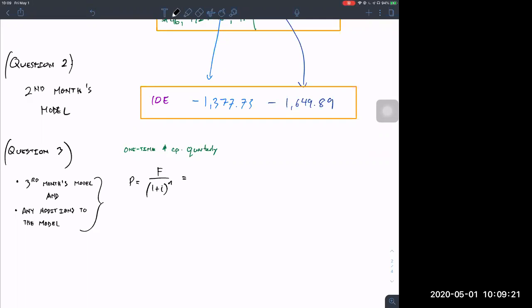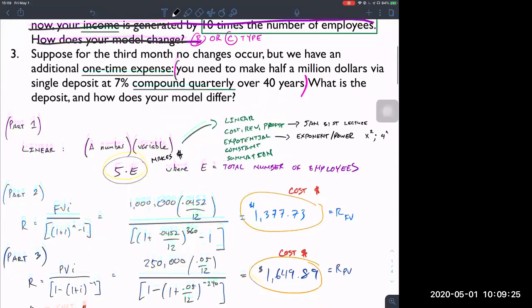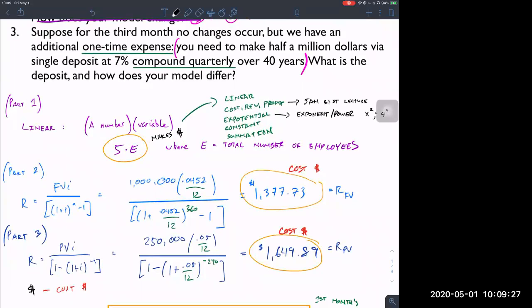Oh, I see. I changed the problem last time. Compound quarterly, so that should be... Oh, I think I messed up. That's okay. I'm going to double check it right now. 1 plus 0.07 divided... It's less than 200,000. Okay.